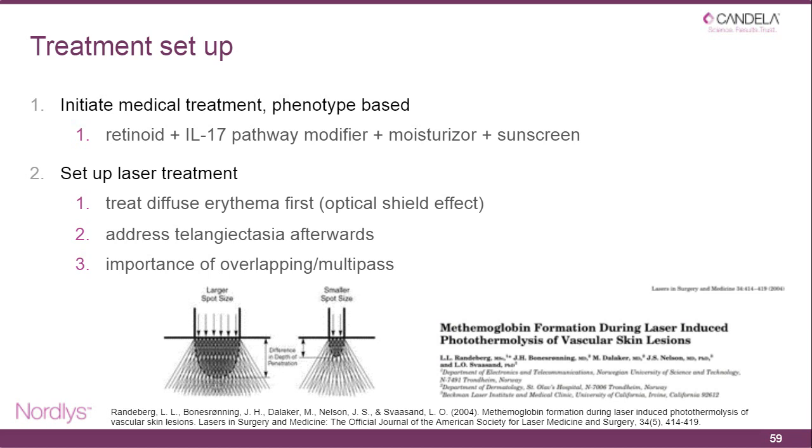And if with the first pulse we convert the oxyhemoglobin to methemoglobin, the methemoglobin has a higher absorption in this range of wavelength compared with the oxyhemoglobin. And the presence of methemoglobin stays there for some minutes. So if we do multipassing or overlapping, as we are doing pulses sequentially, we will improve the efficacy by having a better absorption profile. Basically that is why, by doing the multipass or overlapping, we will improve the efficacy of the treatment.